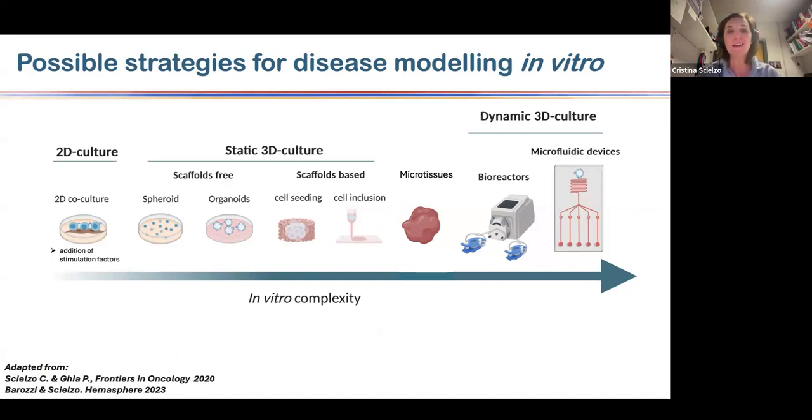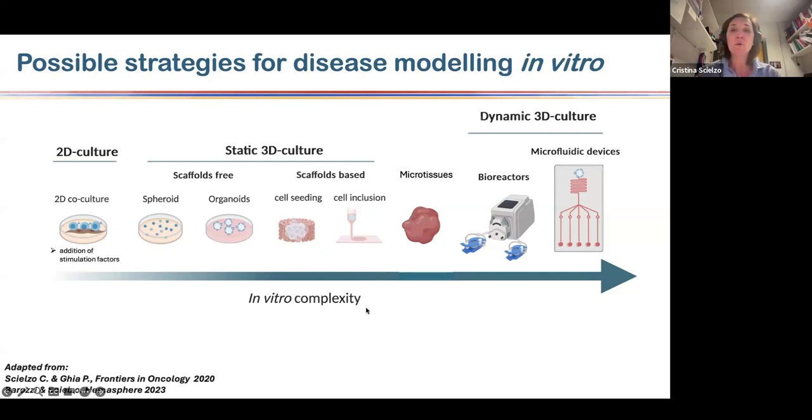In this case, again, there is not much of the microenvironment; these are more cells aggregating in a 3D structure, so it's okay from a geometry point of view, but still difficult to add a lot of microenvironment here. So you can maybe go more for a scaffold-based technology, using scaffolds that can be generated by seeding of cells or by inclusion of cells, for instance, by using 3D bioprinting.